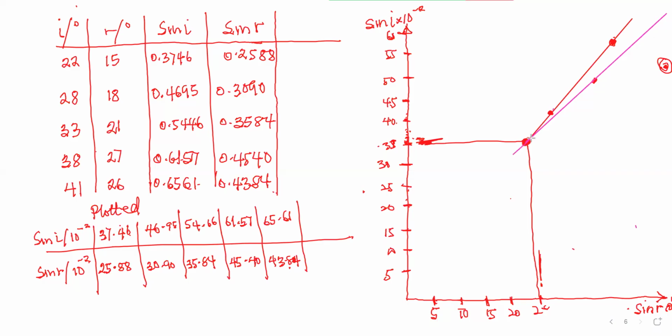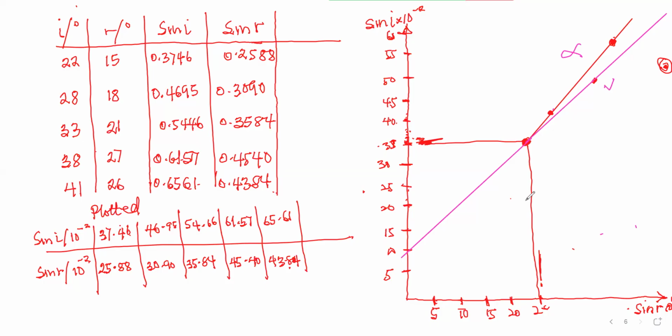Note that your line can start from the origin or can have an intercept, depending on how you can accurately draw your line of best fit. So this is correct. The pink color line is correct. This line of best fit is actually not correct. Is there any question?